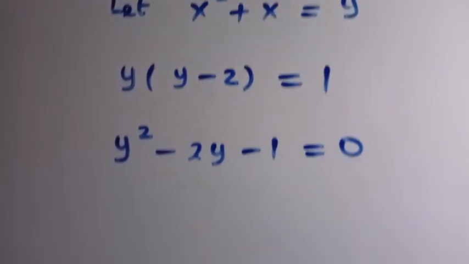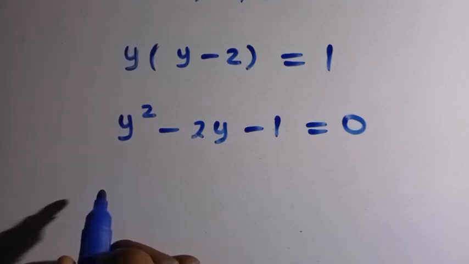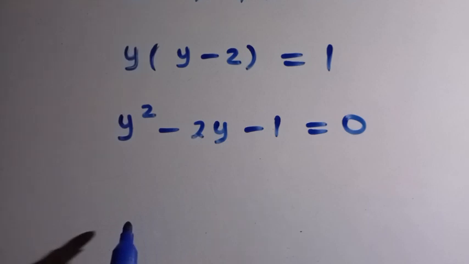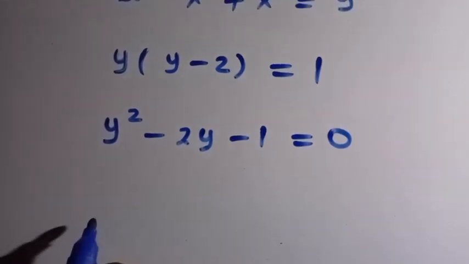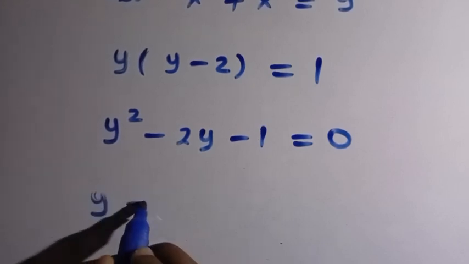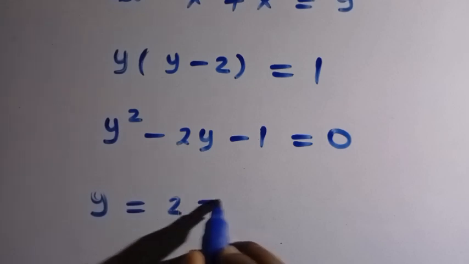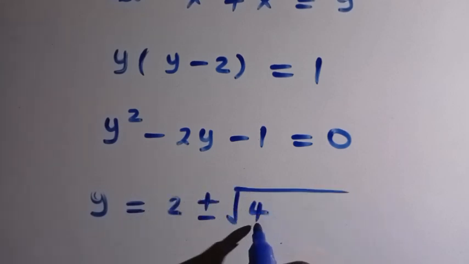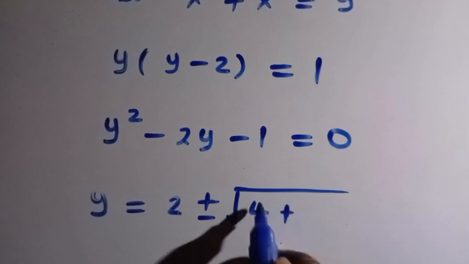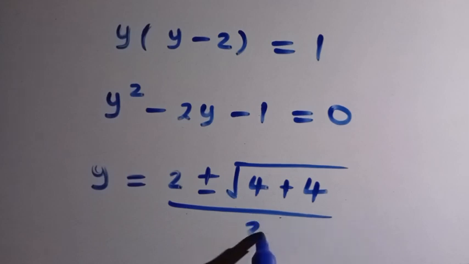Here is a quadratic equation, and we try to solve it quadratically. So y equals, applying the quadratic formula, 2 plus or minus the square root of 4 plus 4, divided by 2.